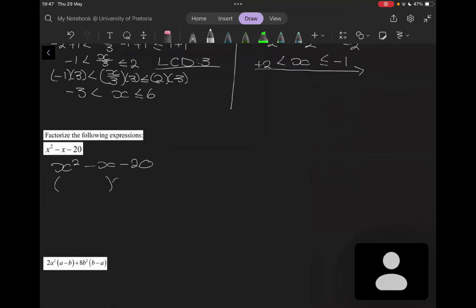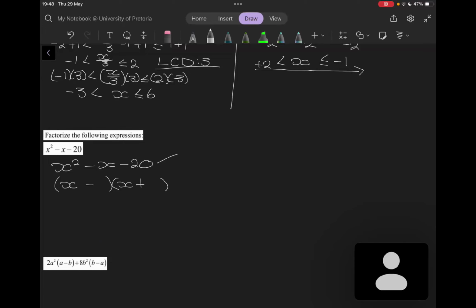We have our two brackets set up over here, right? And since we have a negative and negative, what we then do is put an x over there and an x over there, right? And then right here, we'll have a negative and a positive.